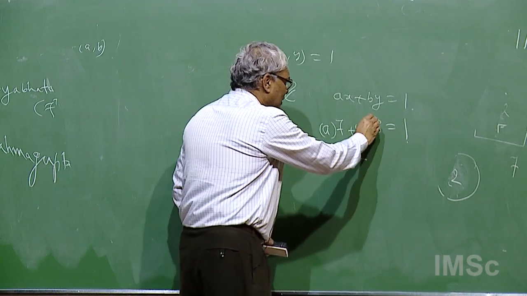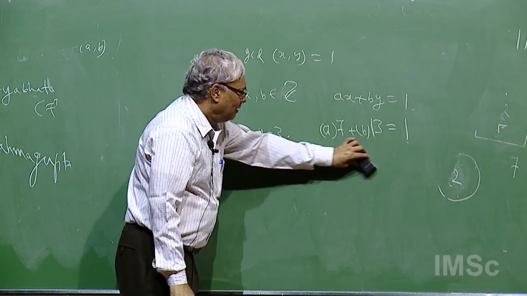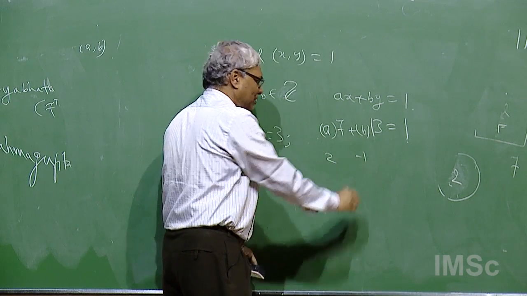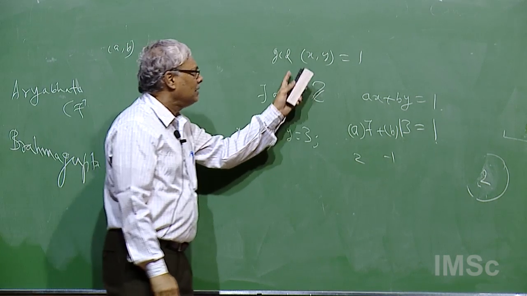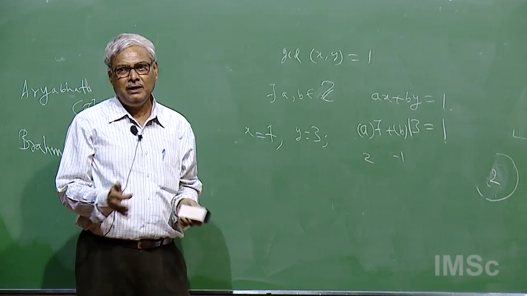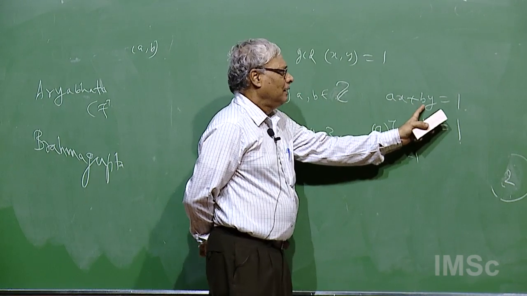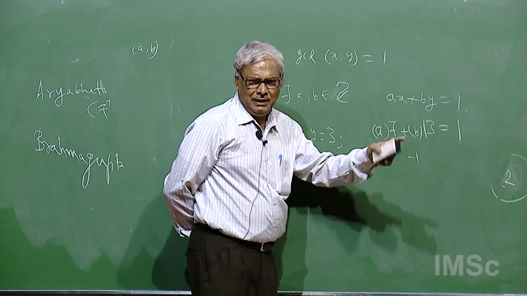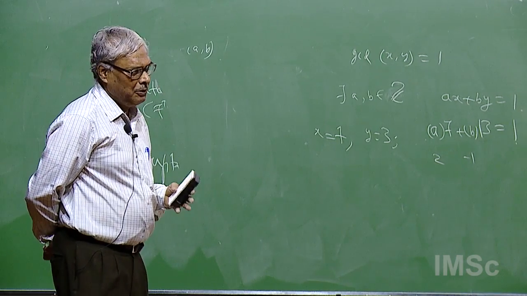Or else suppose this is 13, say, then it's 2 and minus 1, something like that. So you can always find solutions. But these values a and b need not be unique, because you can always increase one of them by b and decrease the other by a, and so on. So these values of a and b are also not unique.